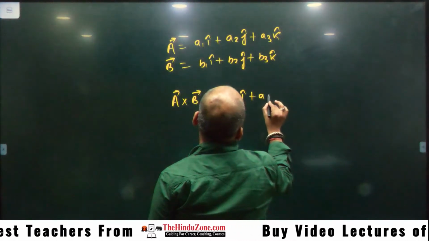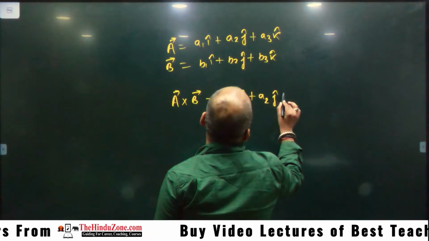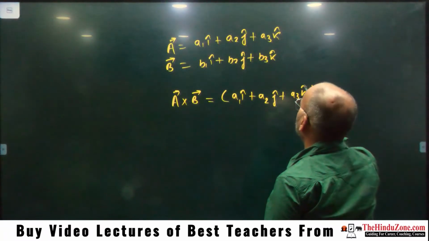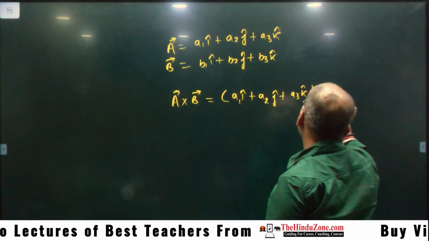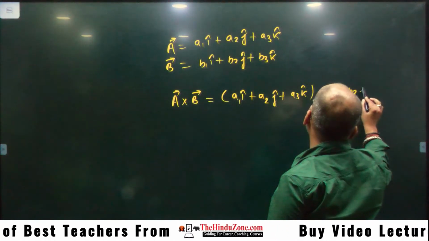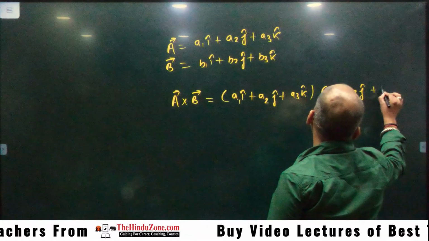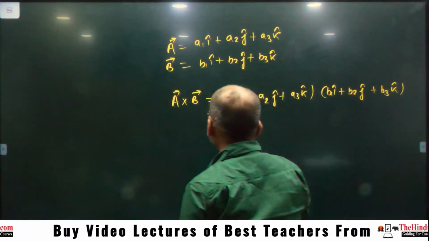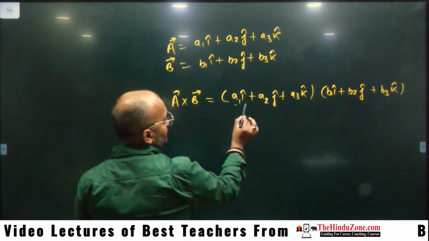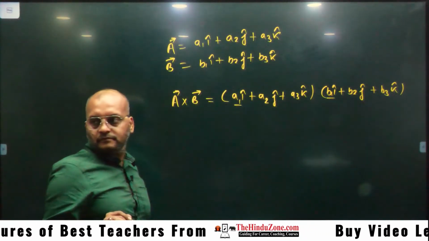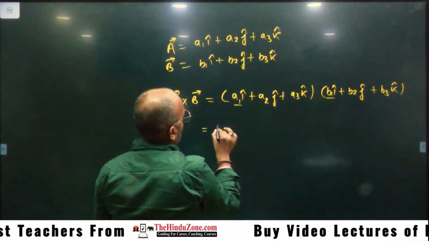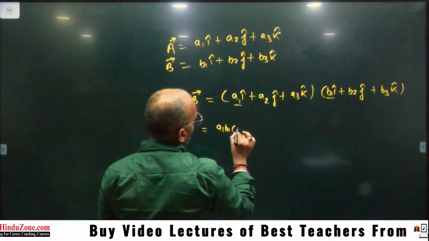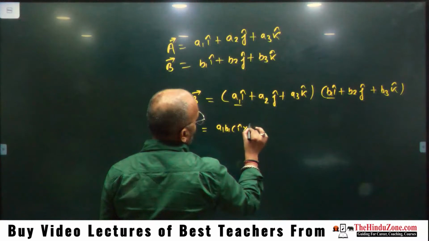A1 I cap plus A2 J cap plus A3 K cap, cross product with B1 I cap plus B2 J cap plus B3 K cap. Now see, A1 I cap into B1 I cap, so A1 B1 I cap cross I cap, right?